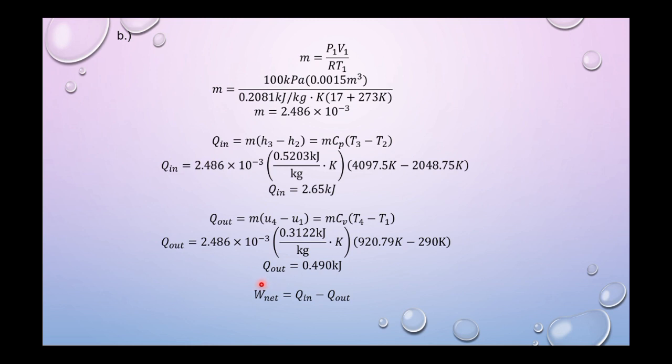To find the net work, Wnet is equal to Qin minus Qout. So substitute, our Wnet is equal to 2.65 kilojoules, which is the Qin, minus 0.490 kilojoule, which is the Qout. So our Wnet is equal to 2.16 kilojoules.